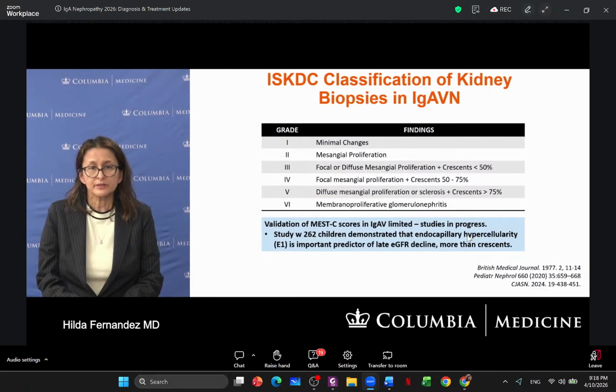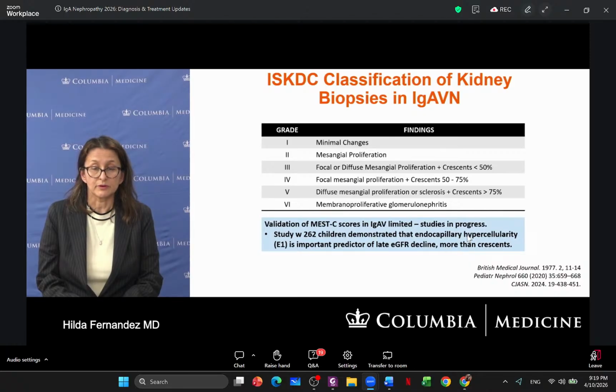The way that we look at kidney biopsies for IgA vasculitis with nephritis is using the ISKDC classification, which, as you can see, focuses primarily on severity based on the amount of crescents. What we're missing here, as compared to the MEST-C score, is the endocapillary piece, and that has been shown to be an important predictor of late GFR decline, more than crescents.